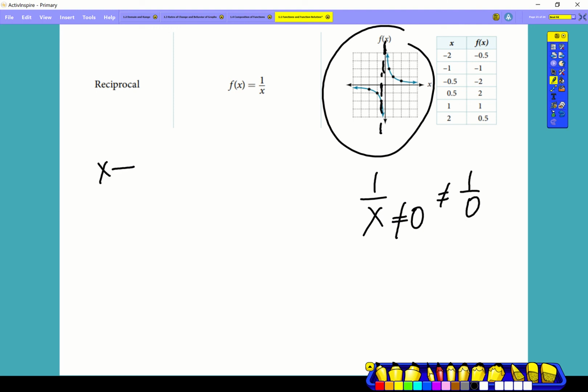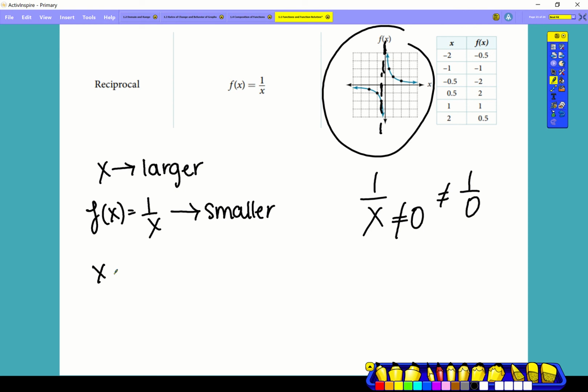Notice that as x gets larger, f of x equals 1 over x gets smaller. As x gets smaller, like a fraction, then f of x gets larger.